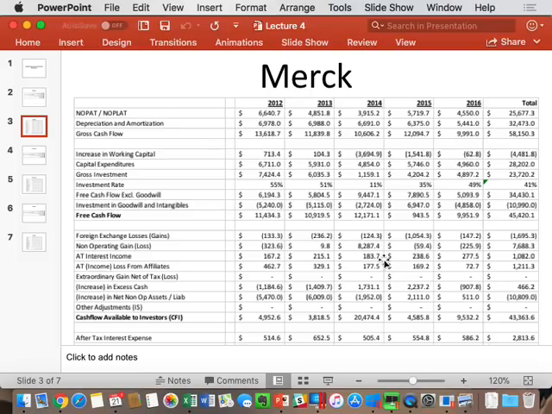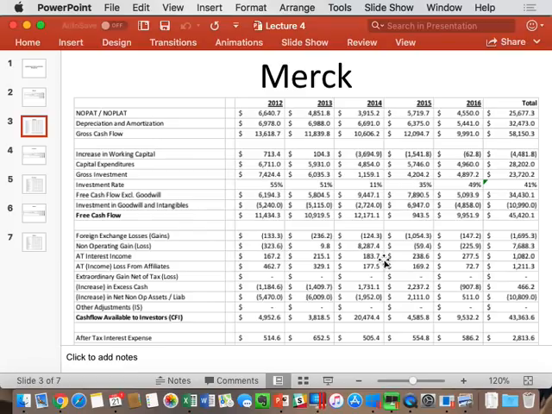So here's what I want you to do. I always want you to start with free cash flow, and I want you to look at that number and decide whether it's positive or negative, because that's going to inform how you analyze the statement. If the $45 billion of cash flow is positive, then guess what? What'd they do with the money? So the rest of your analysis is where'd the money go? Did they put it into non-operating activities? Did they use it to pay off debt? Did they use it to pay off shareholders?